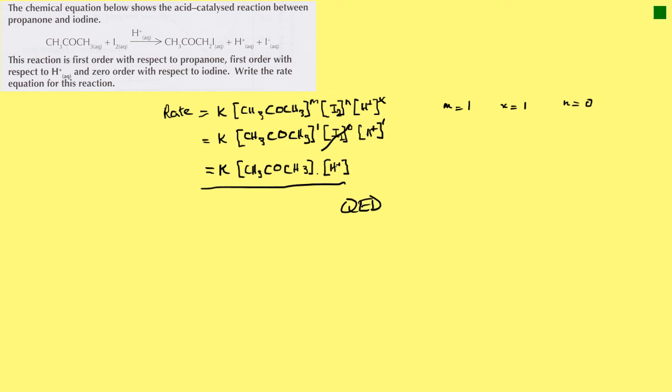It doesn't take part in the slow step of the reaction, right? So that's order 0, and we don't need it in the rate equation. And also, looking at the catalyst, the hydrogen ions also to the power of 1, so we can write concentration of hydrogen ions on its own without the power. And there you have the rate equation for this reaction, QED.